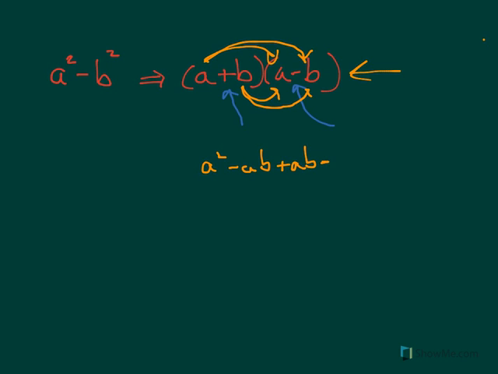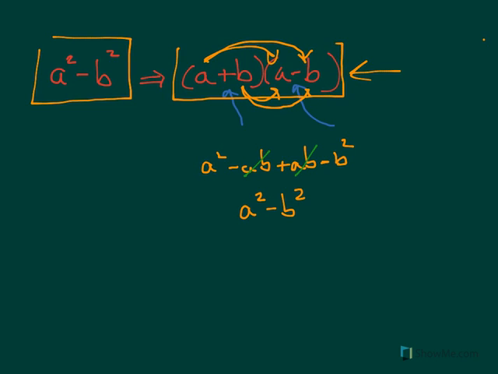And b times b is b squared. And if you simplify, negative ab and the same thing, positive ab, those are opposite like terms, so those are going to cancel. And what you're left with is a squared minus b squared. So this is the original or the standard form, and then this is going to be the factoring pattern.